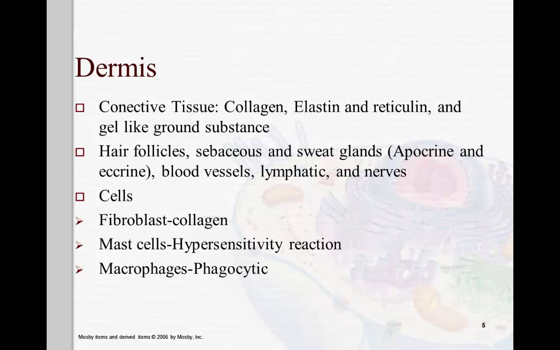Also present in the dermis are immune cells that are involved in the defense against foreign invaders passing through the epidermis. In addition, there are mast cells that participate in the hypersensitivity reactions that we already discussed, and also macrophages that participate in phagocytosis.